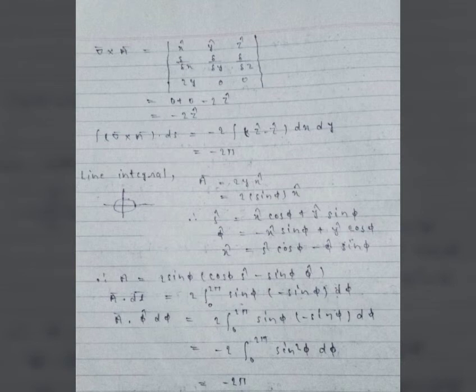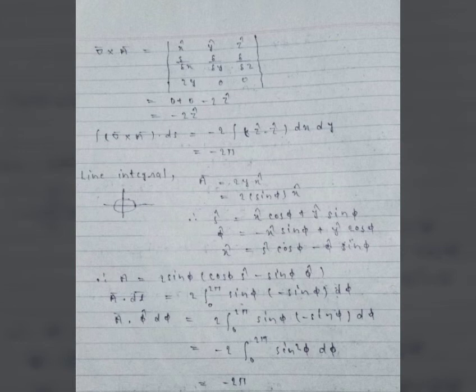Let us now calculate the line integral. For the line integral, I am doing it over a unit circle. A is given to be 2y x, which I can write as 2 sine phi x unit vector.